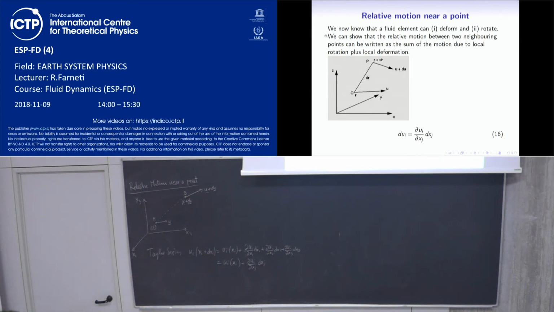Tensor notation is just this. Okay. So now I can say that this is my relative velocity at time t, which is that component over there. But we know what this term is.